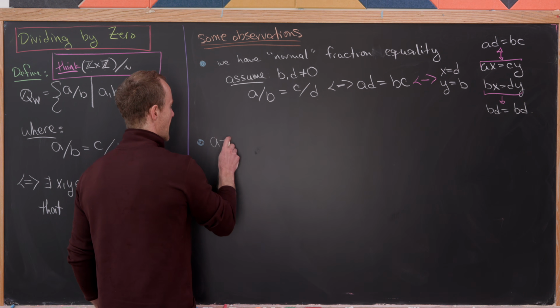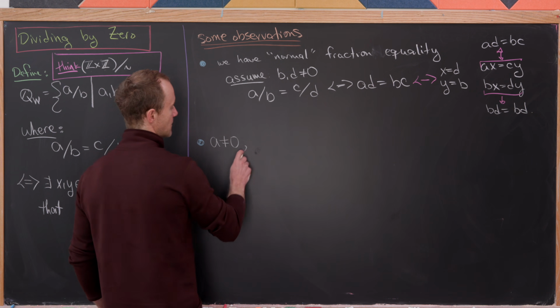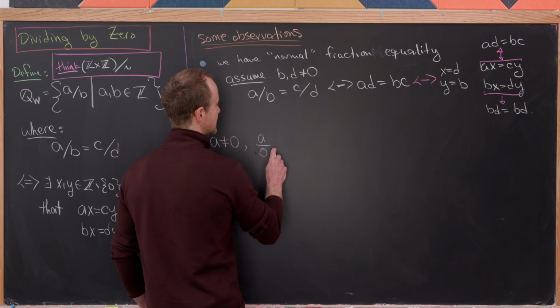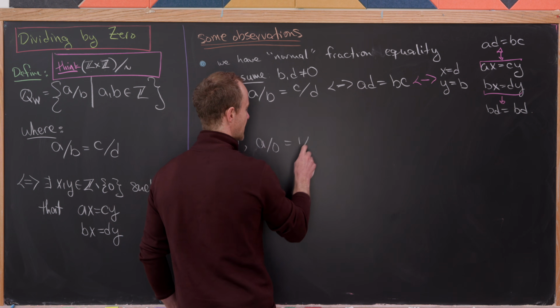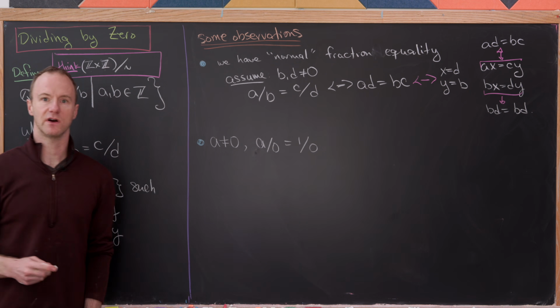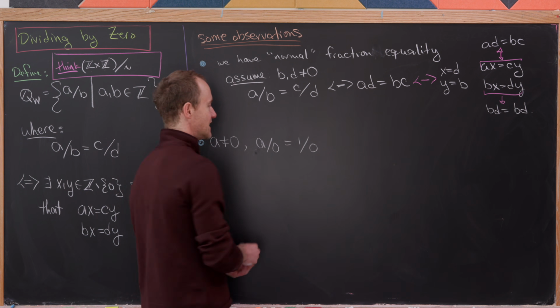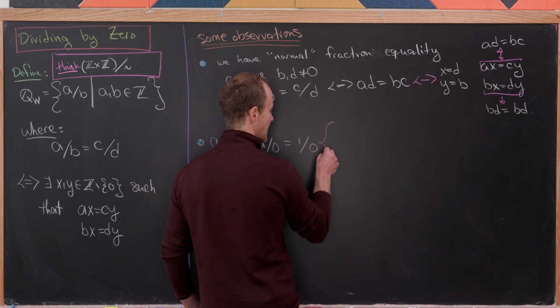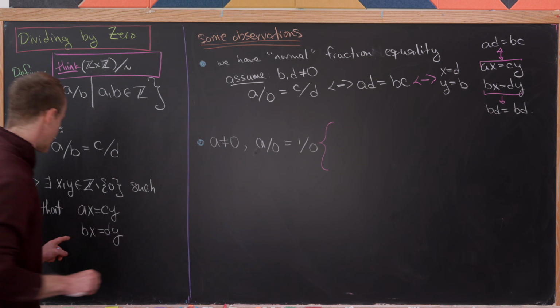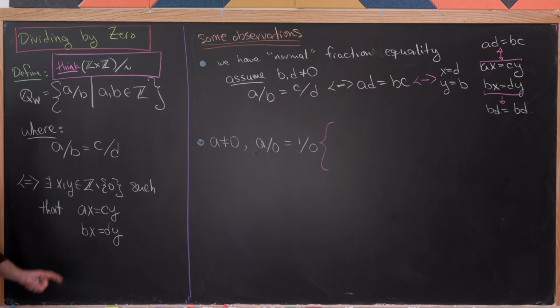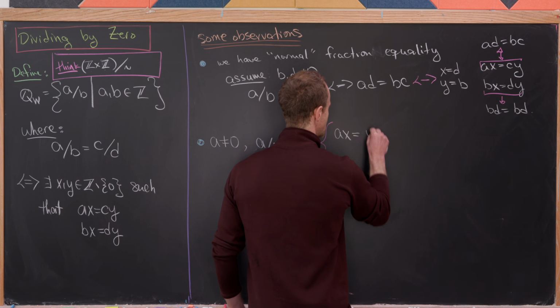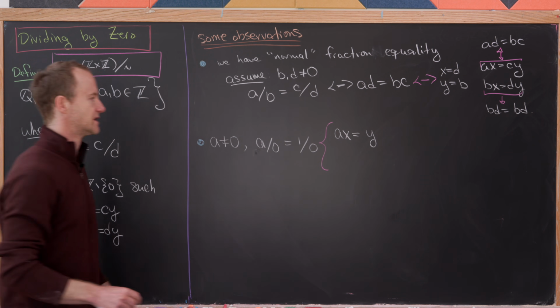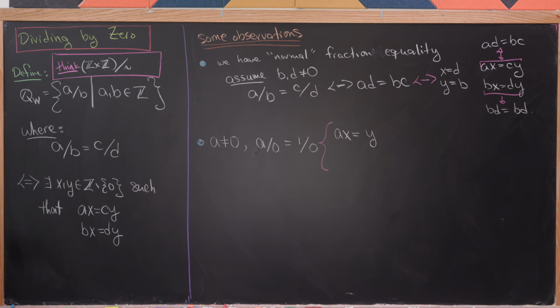So let's maybe note the following. If we have a not equal to 0, then a over 0 is the same thing as 1 over 0. And well, let's see why this is. Let's set up our system of equations for x and y. I would need a times x equal to 1 times y, because that's our rule for the so-called numerators.